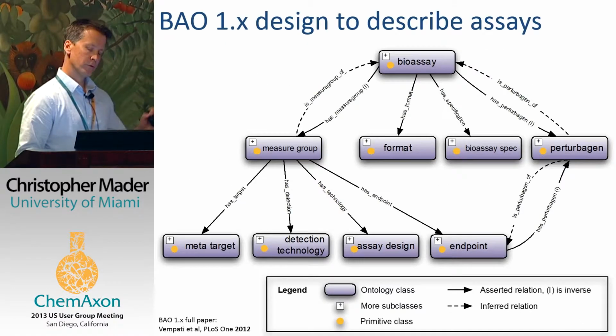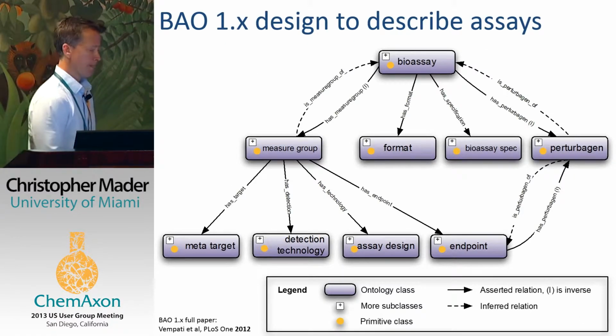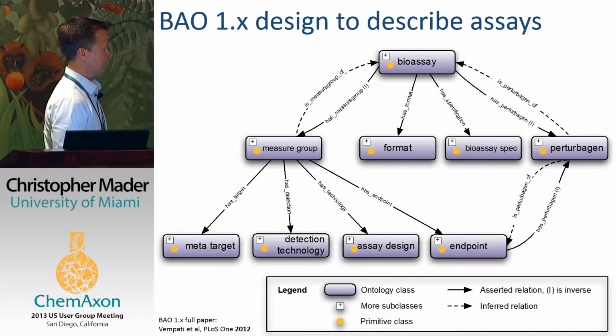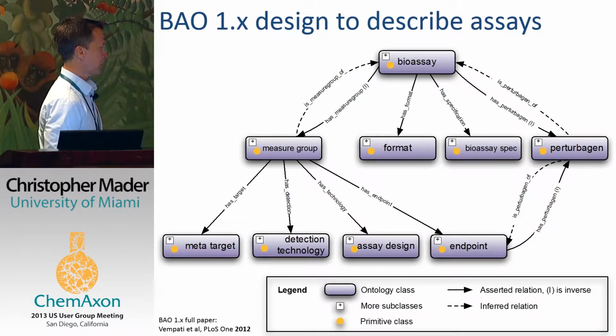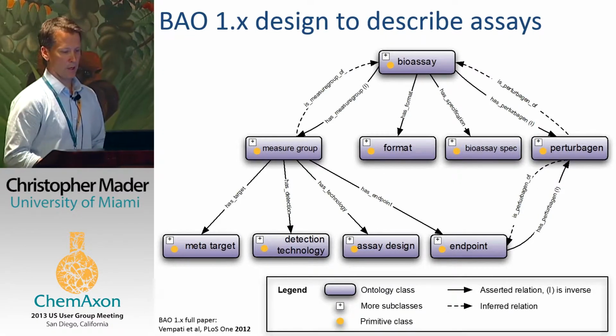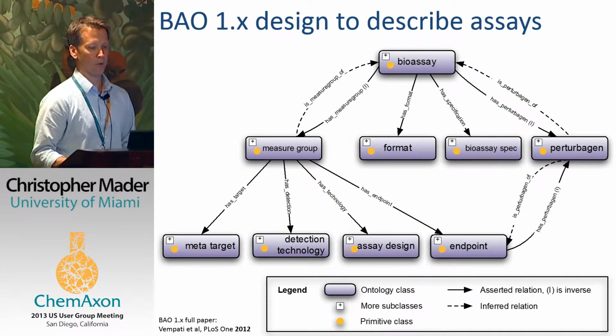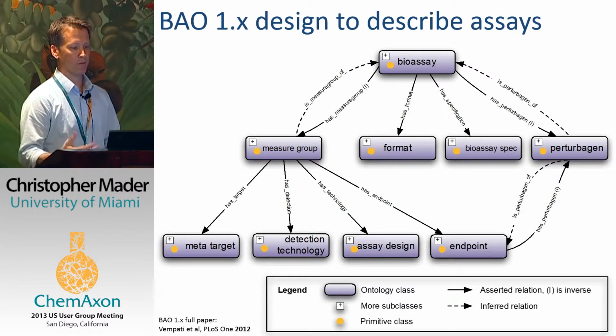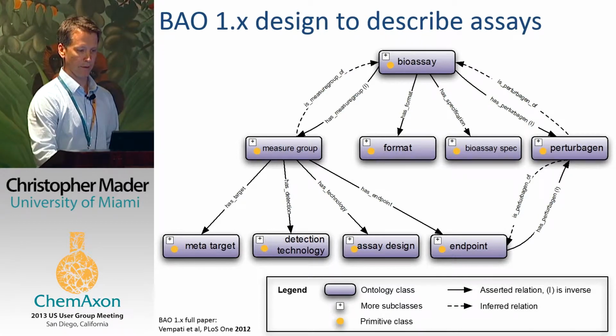There are two versions of the BAO right now, and version 1 is currently, I think, what BARD makes use of, and it describes things like assay format, design, and the perturbagens, like the small molecules that are used in the assay, and how those things are described and pulled together.